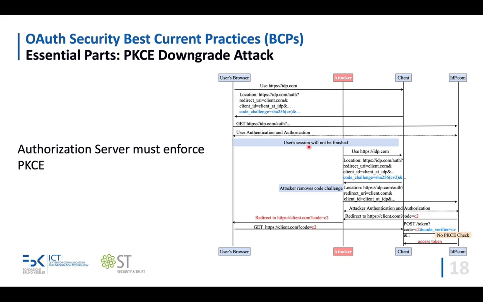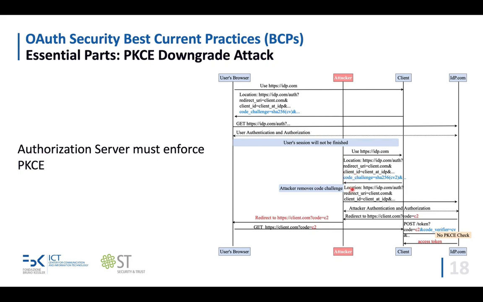For example, you can have a malicious browser plugin that can do this for him. So what he will do is start another OAuth flow with that client. And as he is doing it on his own device, he can omit the code challenge.